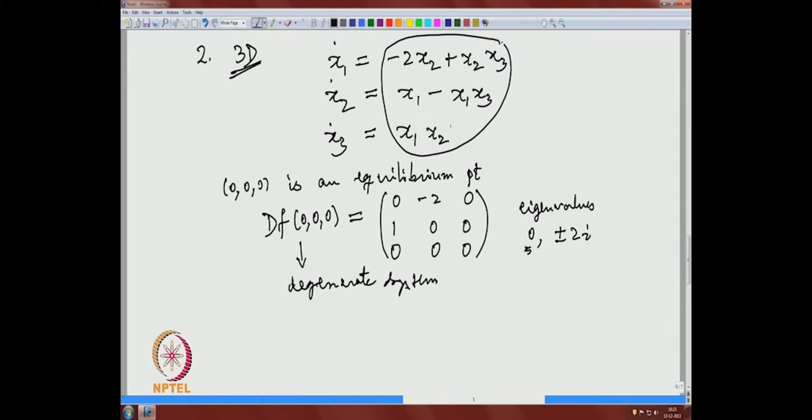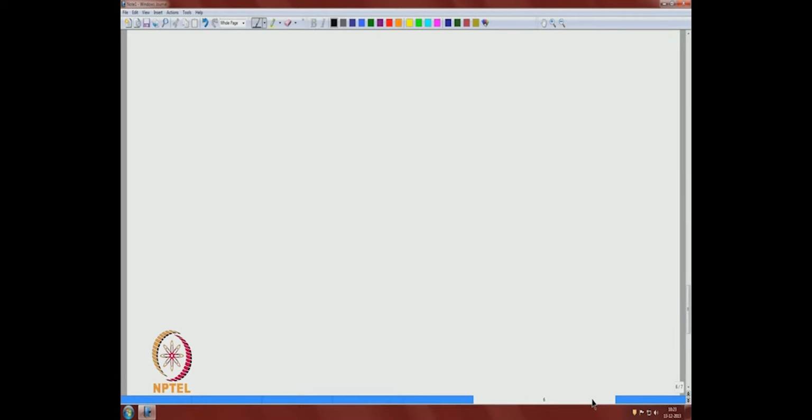Okay. And now, let us try. Since we are now familiar with quadratic functions, consider this. V(x1, x2, x3), a quadratic form with only diagonal elements: C1 x1 square plus C2 x2 square plus C3 x3 square. Okay.